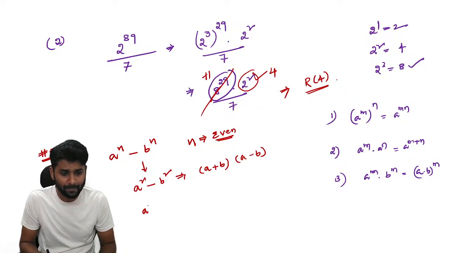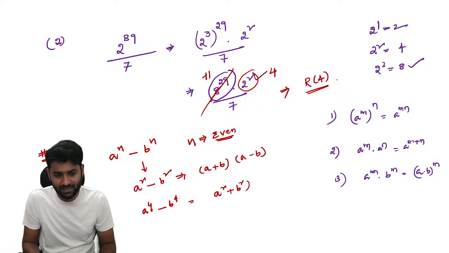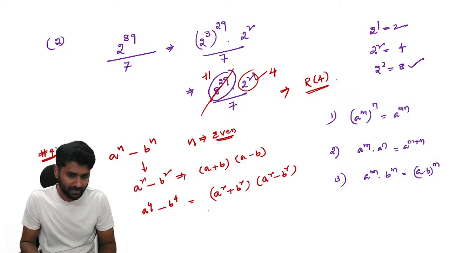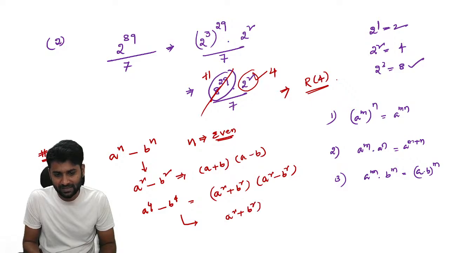For example, a power 4 minus b power 4. Can we write this as a square plus b square into a square minus b square? Again, a square minus b square, so we can write it in the form of a square plus b square into a plus b into a minus b.